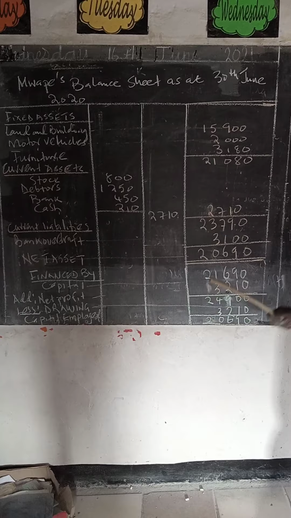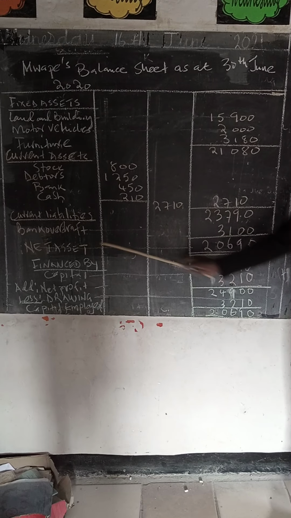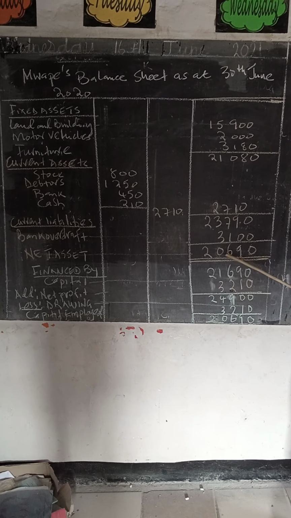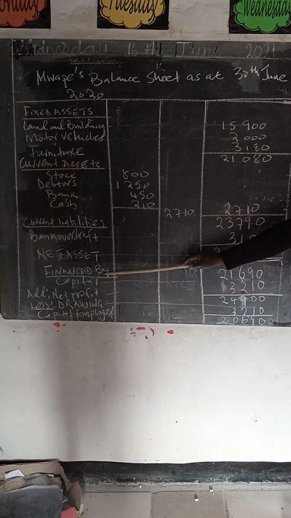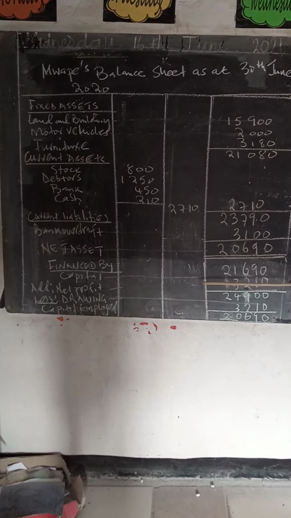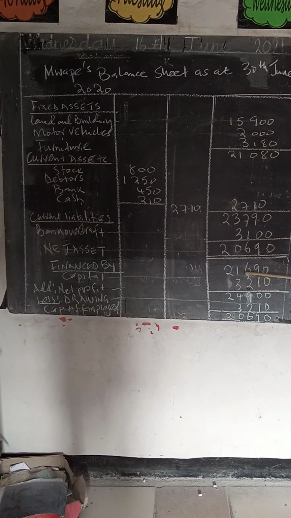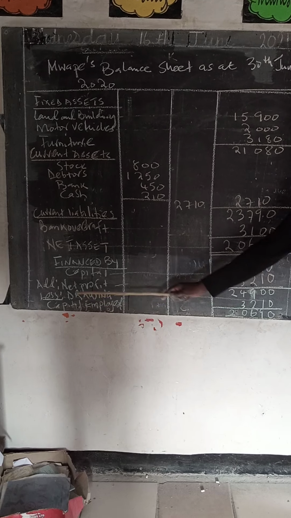So we continue the last part of the balance sheet. After finding the net assets, the last part is where we write financed by. Under financed by, you'll be given capital. Like in this case, we are given capital 21,690. After capital, we shall add net profit.